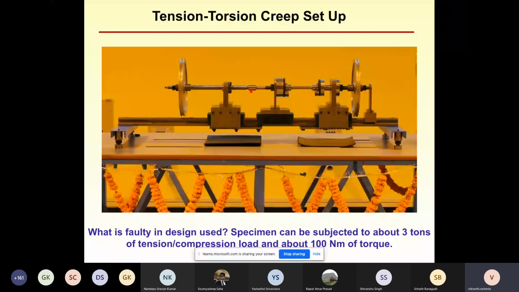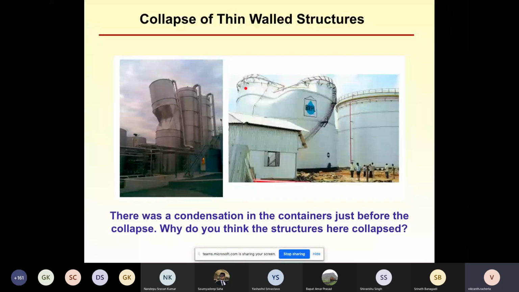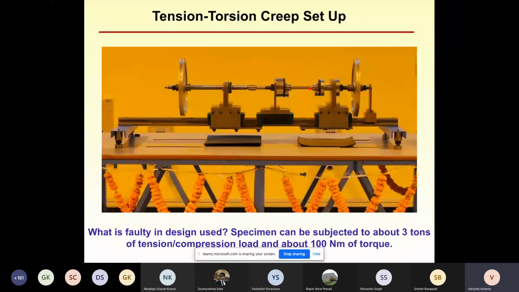In the same manner, even a 10 micron change in the length of the specimen will cause a downward motion of close to 1.8 millimeters for the mass. So in both ways it is a huge positive for this particular creep setup.